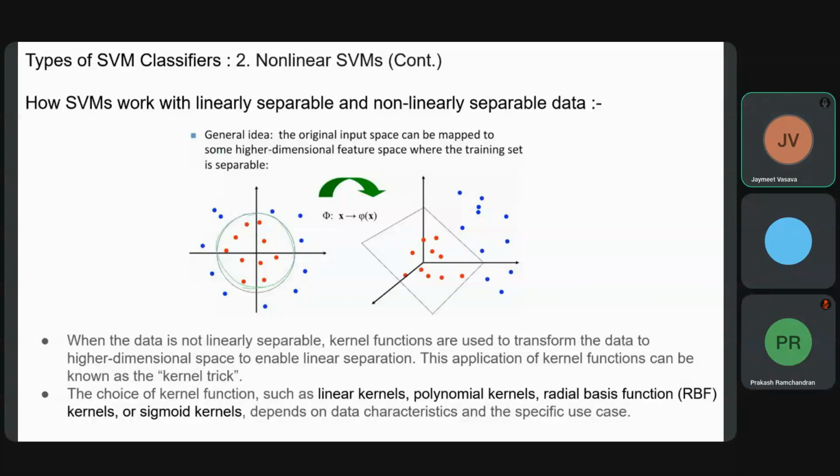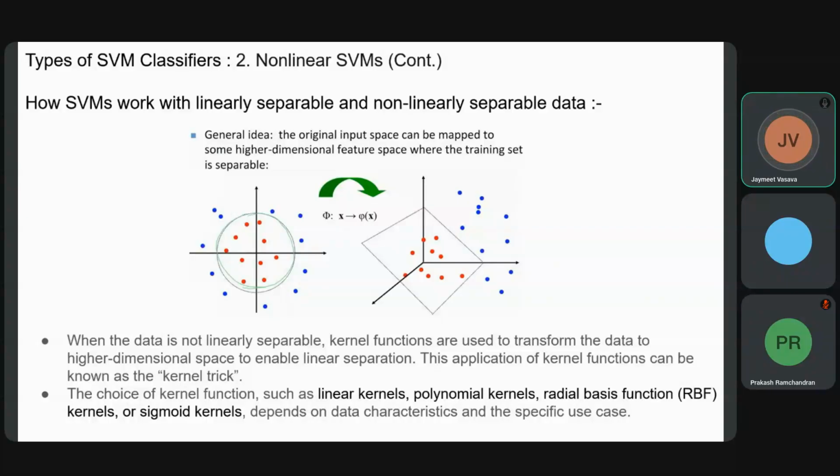So when we work with non-linear data, the general idea is to transform the data and map it into a higher dimensional feature space where the training set is separable. You can see how the data points in 2D space are transformed into 3D space, and a hyperplane is created which separates both the negative and the positive classes.